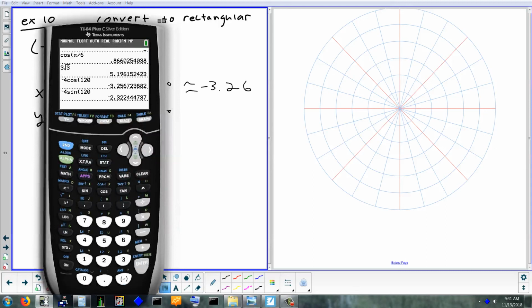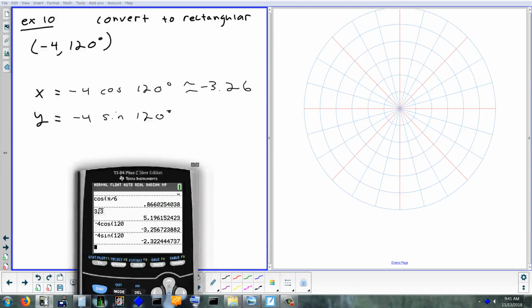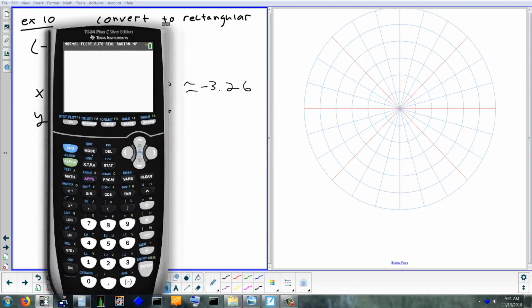Oh, gotta be careful. What did I do wrong? Yeah. I'm in radians. This problem has the little circle, so that's actually a good mistake to make because some people do that on the test. It has the little circles on it. So that means I should have done this in degrees.